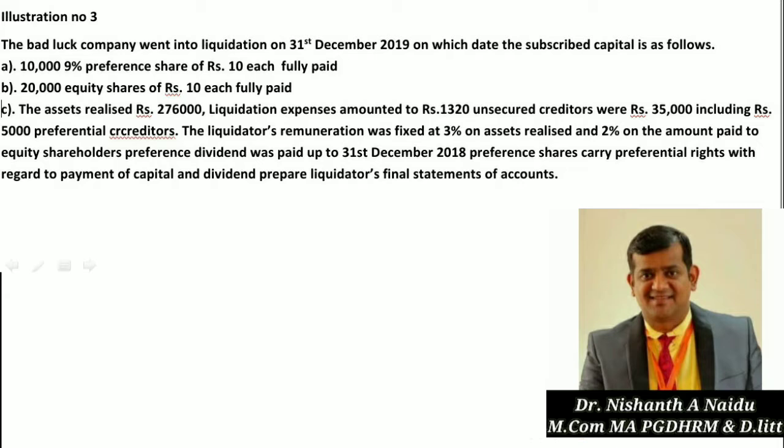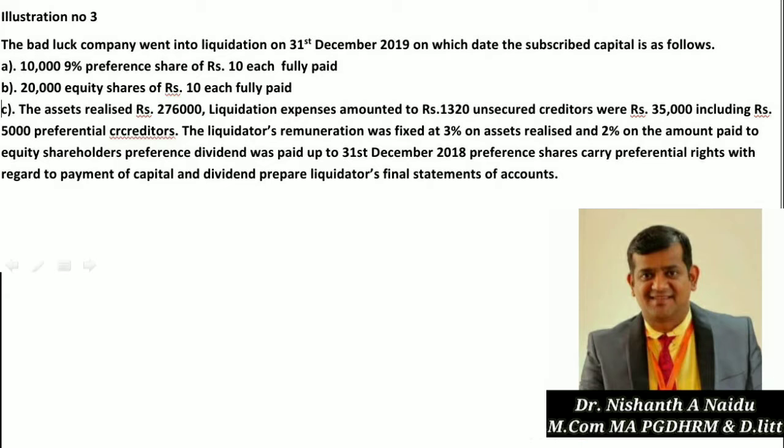The assets realized rupees 2,76,000. Liquidation expenses amounted to rupees 1,320. Unsecured creditors were rupees 35,000, including rupees 5,000 preferential creditors.